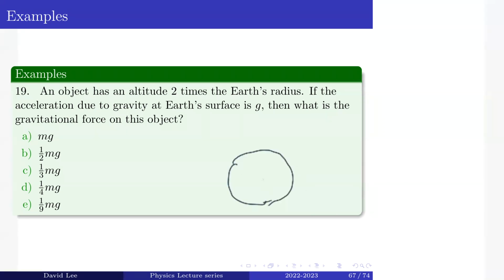They say the altitude is 2 times the Earth's radius, but what that means is the altitude above the Earth's surface. So this distance is 2r, which means that this distance is 3r. So because it's proportional to 1/r squared, the force will be 1/9 of the normal mg force.